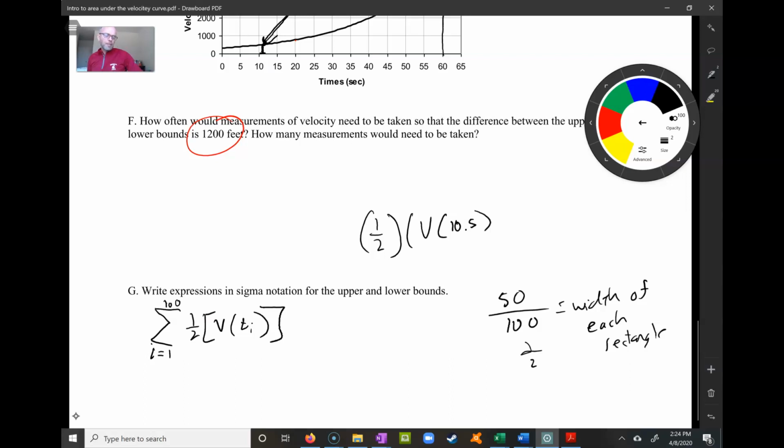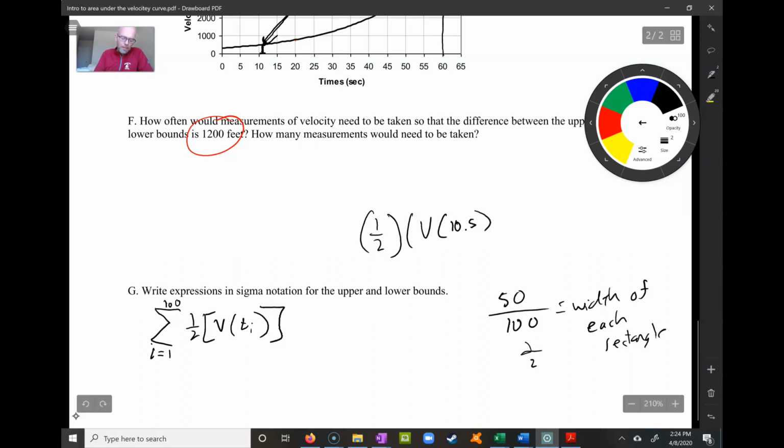So the way sigma notation works is you just come up with an expression for finding each one of the areas, and then what this little i does is run you through each one of the areas. So this would be like the velocity of the first time interval, then the velocity at the second one, and then the third one, etc.